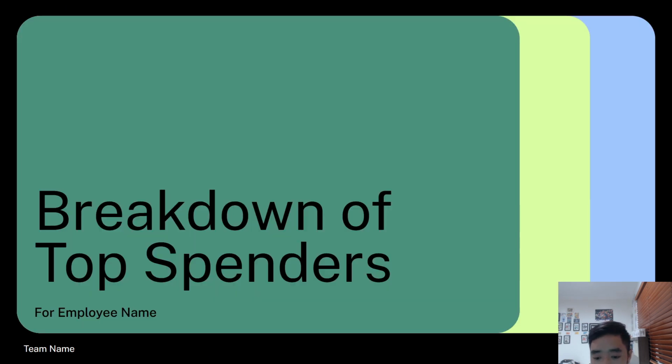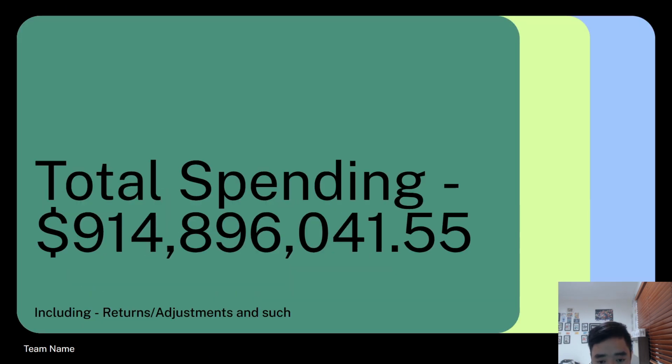So I want to break down all the top spenders. The total spending based on the FEC filing that I found was $914,896,041.55. This also includes returns, adjustments, and such, so this is money spent that didn't go through, or got returned, or hotel adjustments and such.